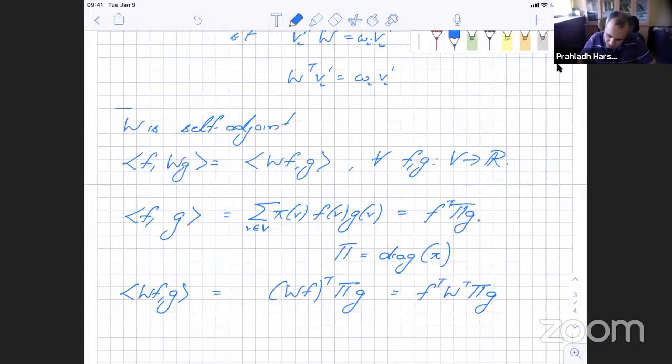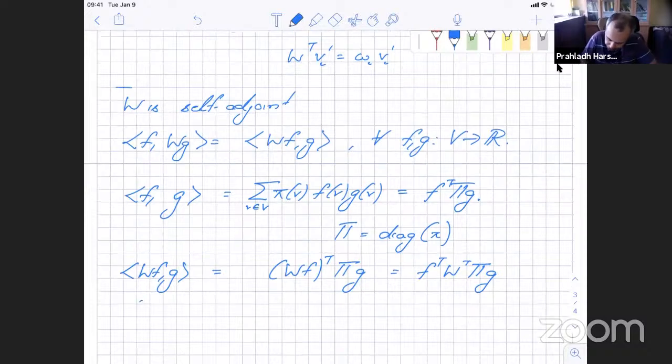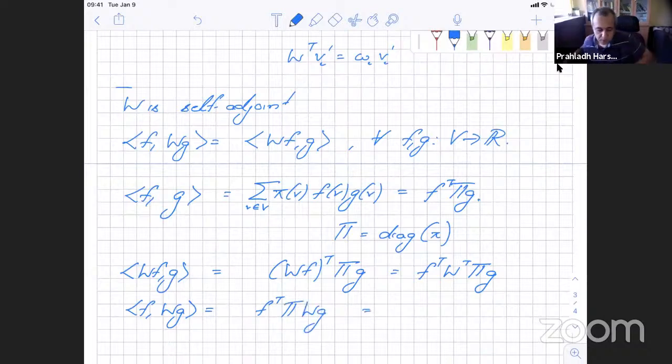And now I want to write FWG. This is F transpose pi WG. Okay, I was making a mistake over here.